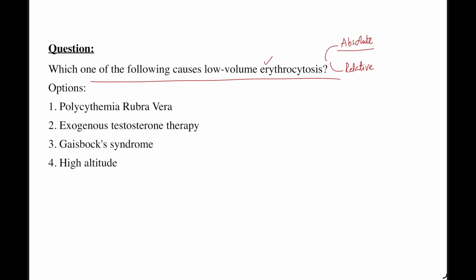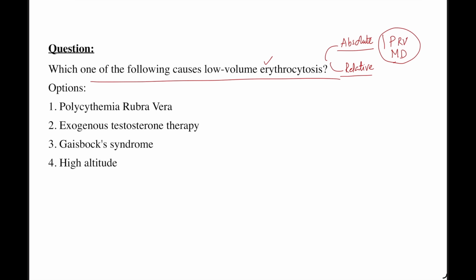Absolute means there is an actual increase in RBC count. That means I am looking at a condition known as polycythemia rubra vera, or myeloproliferative disorders, or maybe high altitude conditions, renal diseases, or tumors which increase synthesis of erythropoietin. In all those conditions, I'll say absolute erythrocytosis.